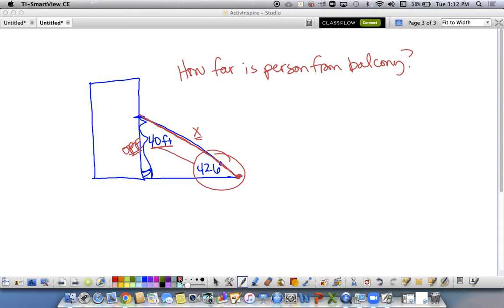How is x related in this triangle? It's the hypotenuse. So what trig function relates an opposite and a hypotenuse? You're correct, it's sine. So sine of an angle. Do we know that angle? Yes, we do. Sine of 42.6 equals the opposite over the hypotenuse.